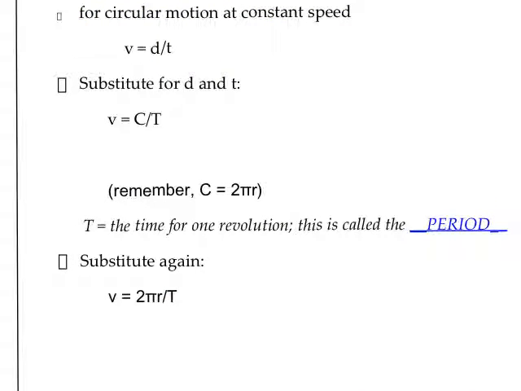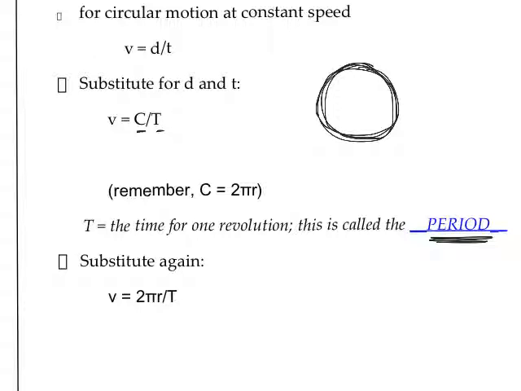Now for this next section, there are other ways that we can calculate an angular velocity, so I'm just going to walk you through those steps. Typically, we would say the speed of an object would be distance over time. If something is moving in a circle, the distance that it would travel all the way around that circle would be the circumference, and then the time to go once around would be called the period.